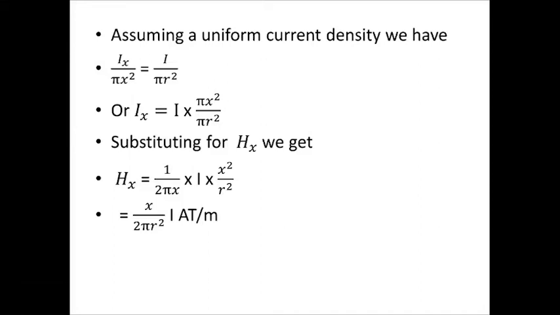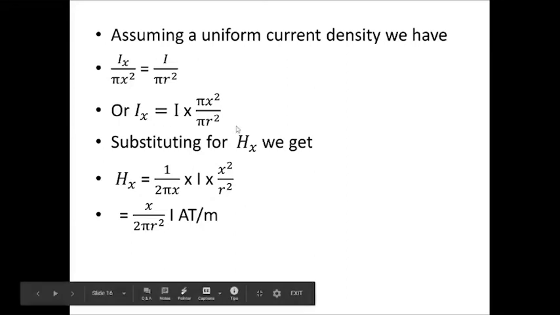Substituting for Hx, we get Hx is equal to 1 by 2 pi x times I into x square by r square, because pi and pi will get cancelled in this. So Hx becomes x divided by 2 pi r square times the current. That means ampere turns per meter.